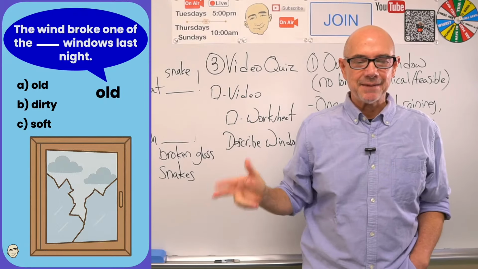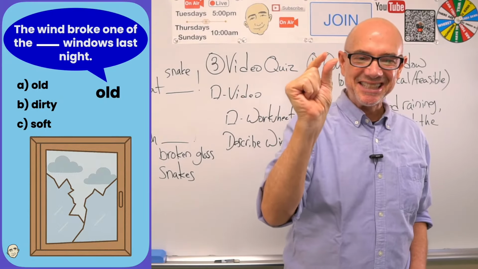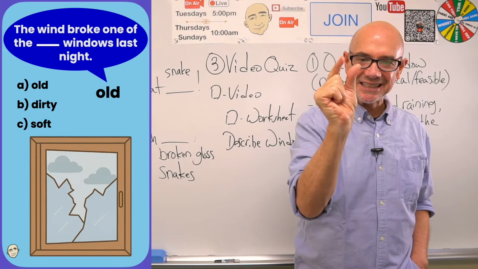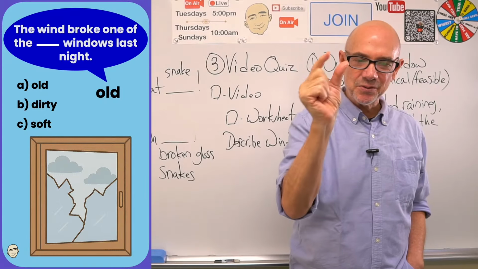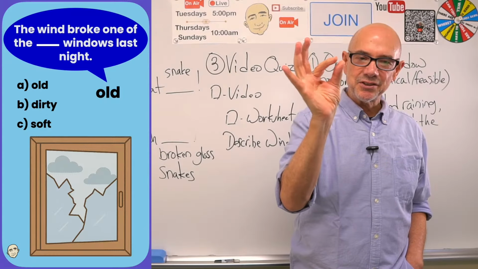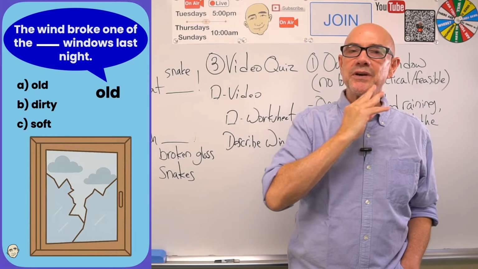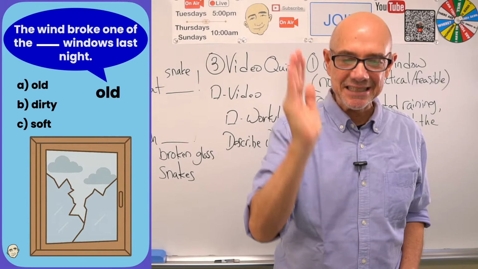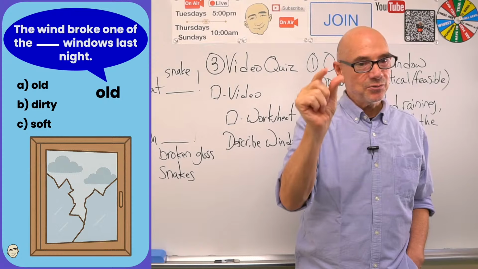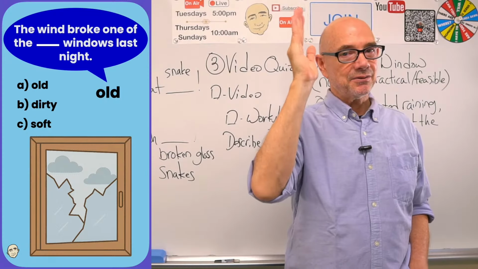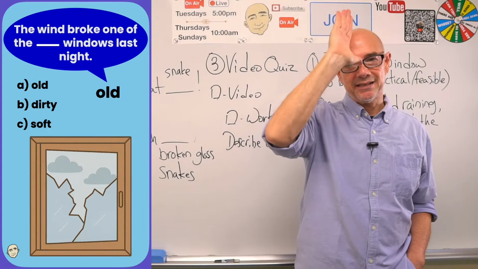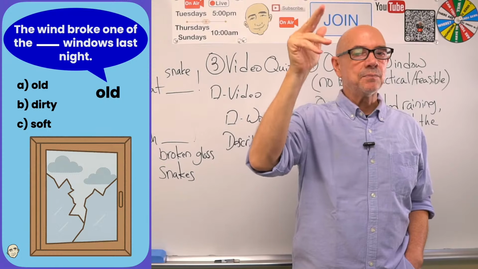The wood frame, maybe it's thicker, right? So the glass is thicker on a newer window, where the older windows, maybe the glass was thinner, and so wind would be able to break it easier. But maybe a new window, the wind will have a tougher time breaking it, right? Maybe it's a wind-proof window.